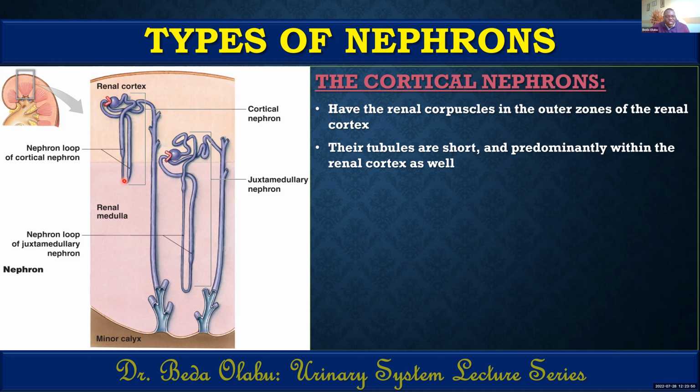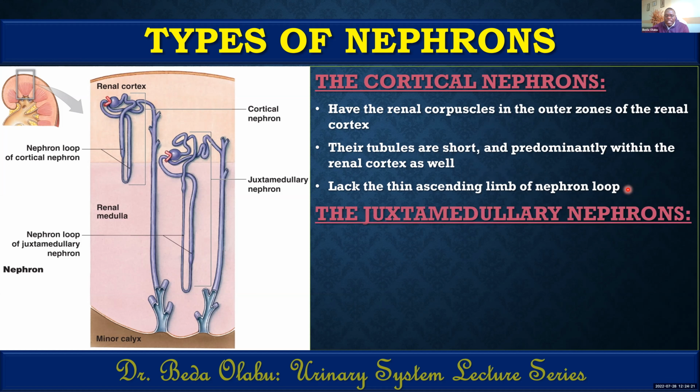Just a small part of it may loop into the medulla, but most of it is in the renal cortex. Importantly, also notice that their tubule lacks the thin ascending segment. So the ascending segment of the loop is largely the thick ascending segment. These are the majority of the nephrons, really, which are responsible for the excretion of substances.